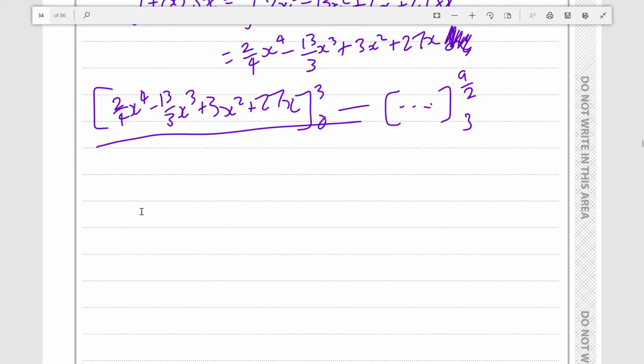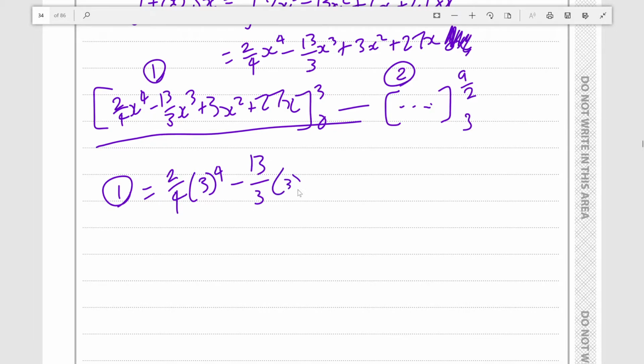So if we call this part 1, and then we call this other one part 2, 1 would be equal to 2 over 4 times 3 to the 4 minus 13 over 3 times 3 to the 3 plus 3 times 3 to the 2 plus 27 times 3.